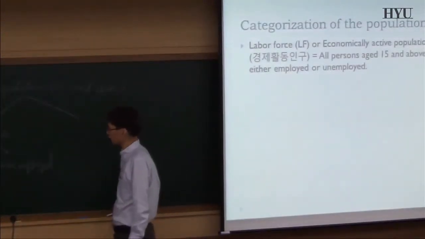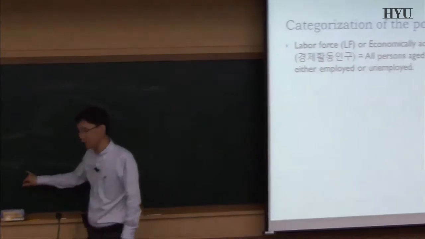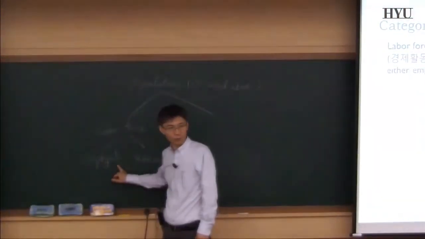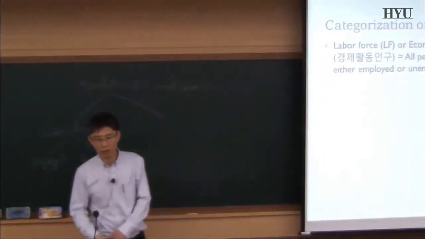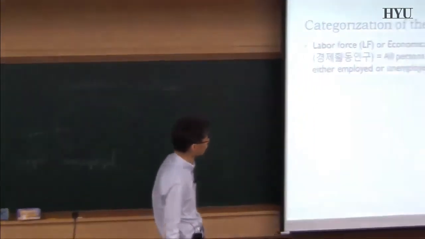Now things get a little more complicated. We should know who are employed and who are unemployed, right? So there must be a definition for the employed and the unemployed. What does employed mean?